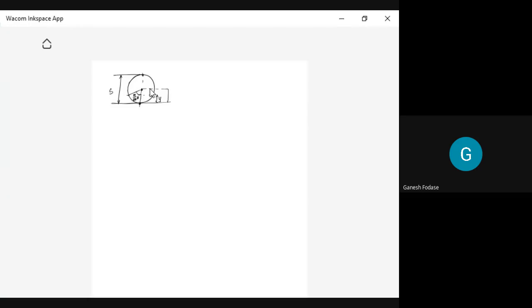The radius of this semicircle is S by 2, and hence y is equal to what? What can I write for y, in terms of this angle and S? Observe the geometry and tell me. What is the displacement of the follower at any instant?